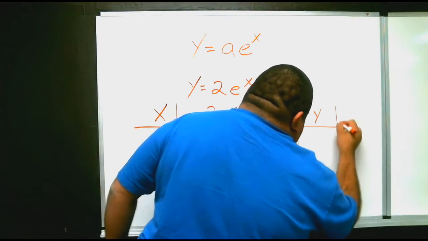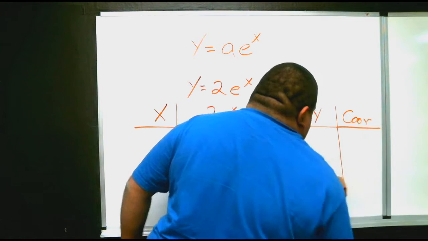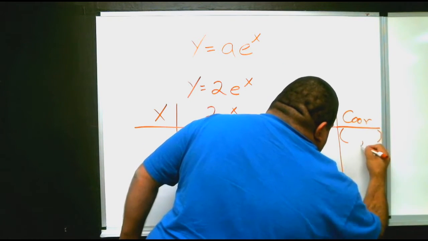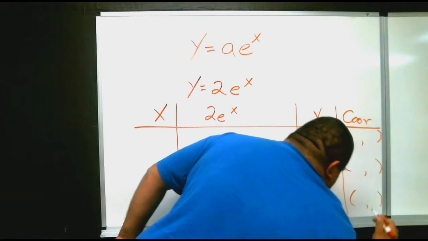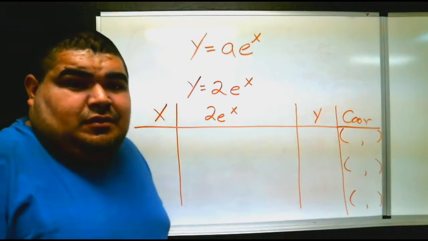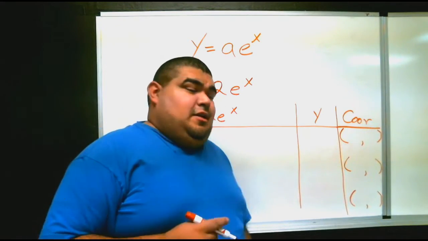And then towards the end over here, I like to do one for coordinates, h and k, x and y, f of x or g of x. However you want to say it, it's up to you.